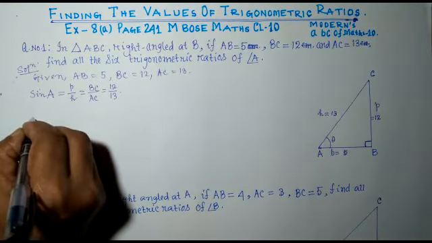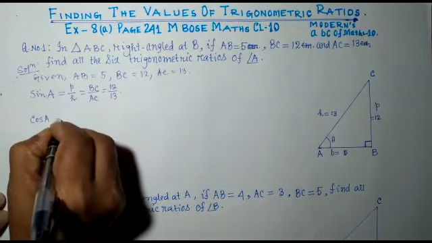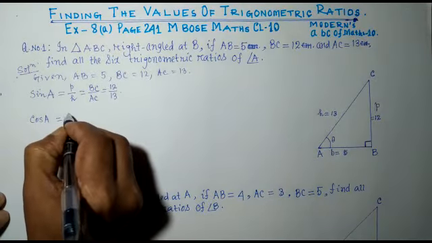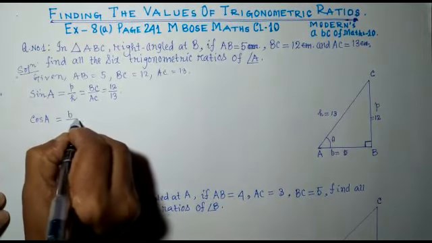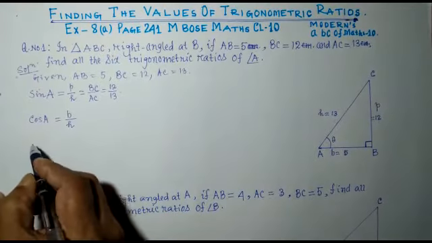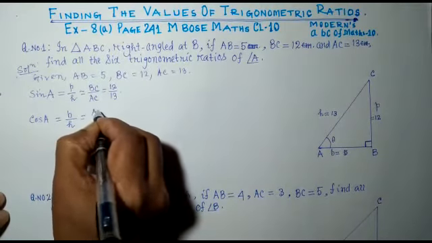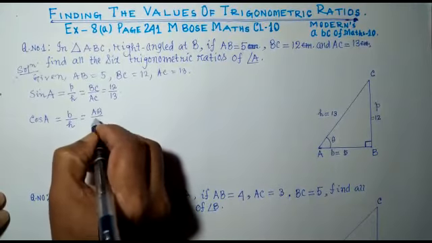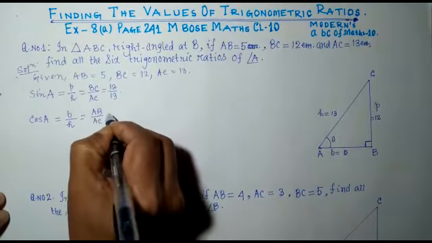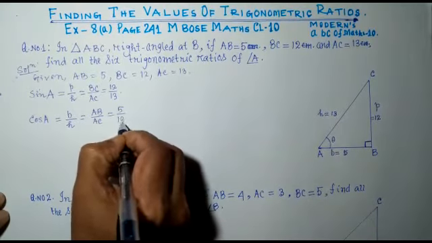The next trigonometric ratio is cos A. Cos A, think the formula, base by hypotenuse. B for base, H for hypotenuse. So what is base in the figure? AB is the base and hypotenuse is AC. So write the value of AB, it is 5, and AC is 13.